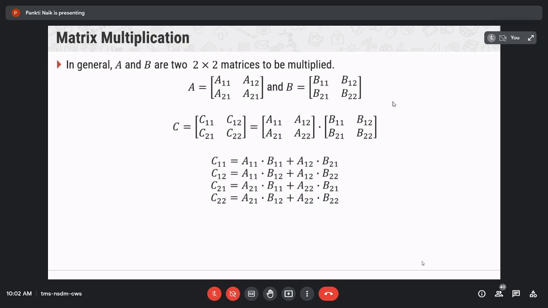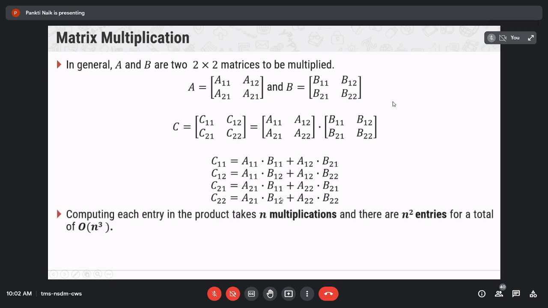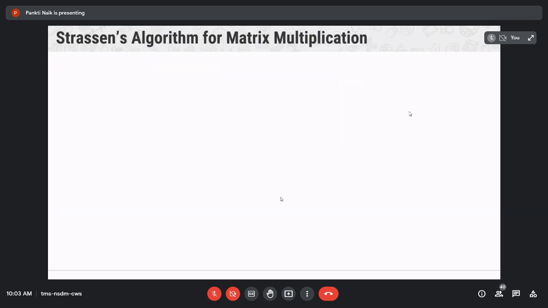Like this, total 8 multiplications, 1, 2, 3, 4, 5, 6, 7, and 8, and 4 additions are used, right? So the time complexity for this simple matrix multiplication is O n square, sorry, O n cube, right? Because we have a total of 8 multiplications, so 2 raised to 3. So it takes time O n cube.